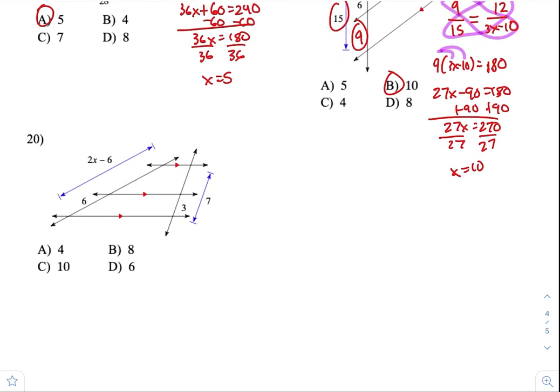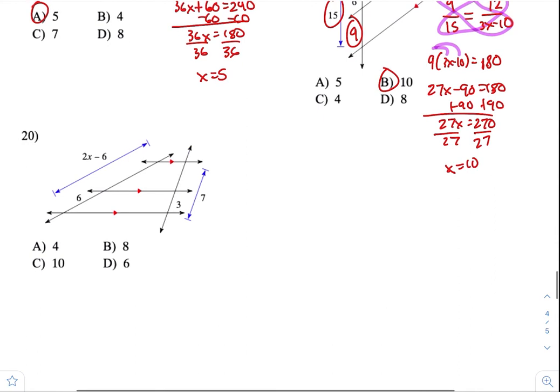And the last one for part 1. So again, for this one, this one over this is the same as this one over that one, proportionally. So 6 over 2x minus 6 is going to be equal to 3 over 7.